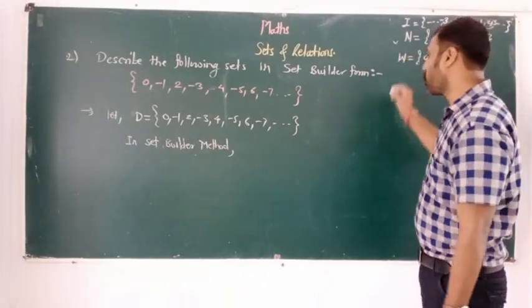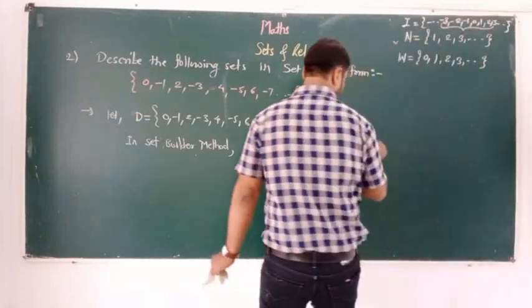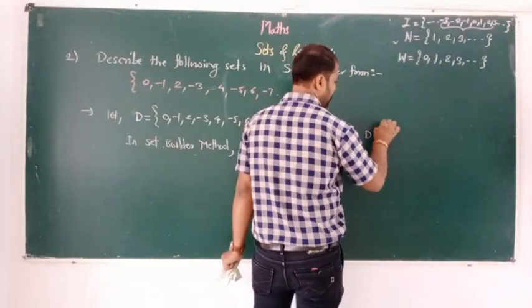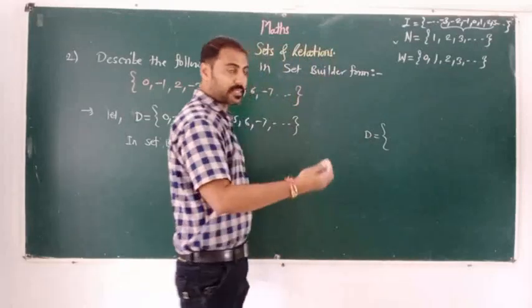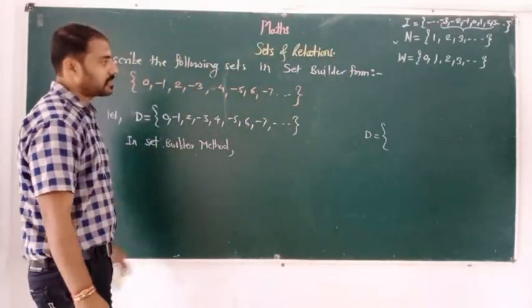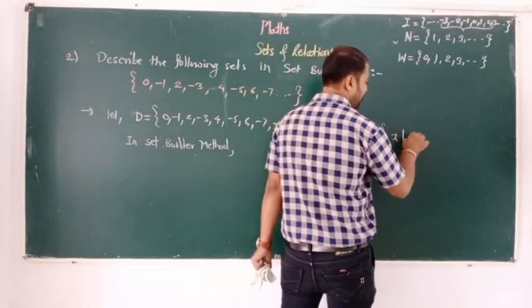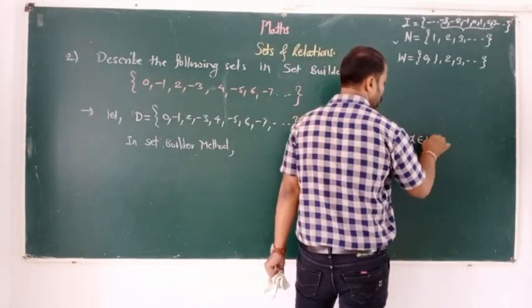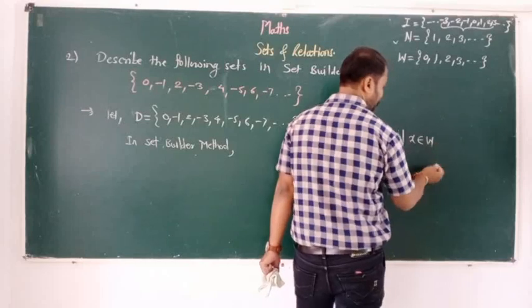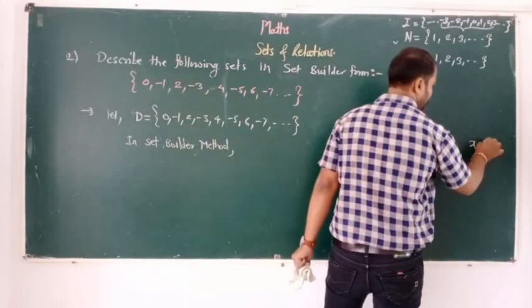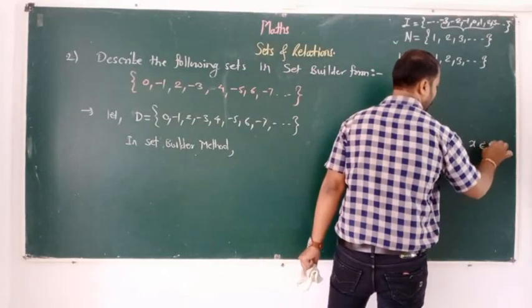So this set can be written in set builder method as the set of all x such that x belongs to W.